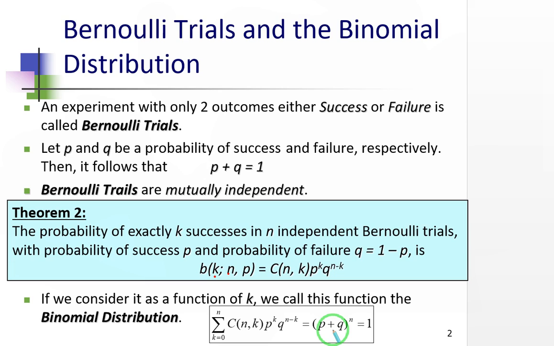So this is about the binomial theorem or binomial distribution. In mathematics, hope you studied it in school as well. There we had a binomial expansion in this form, which is always equal to 1.